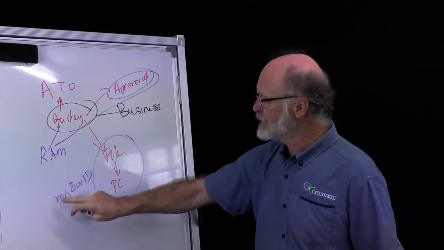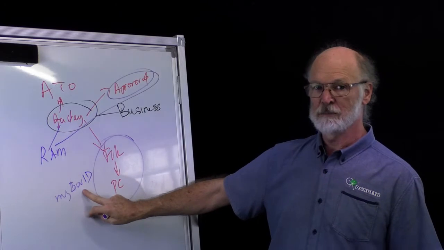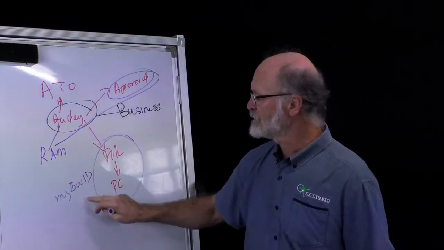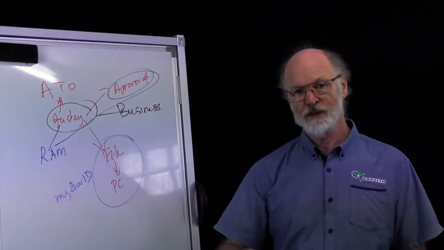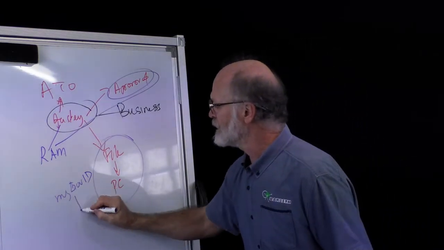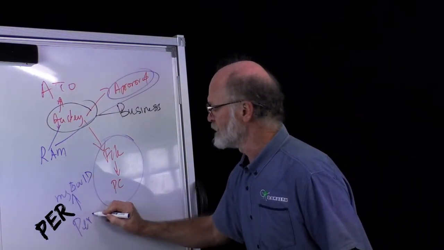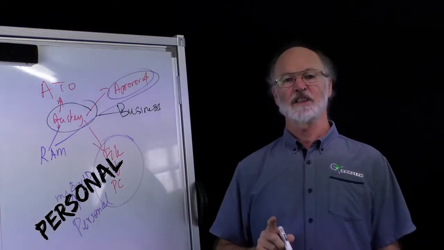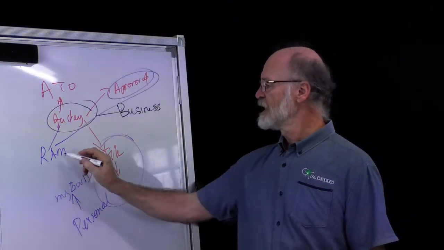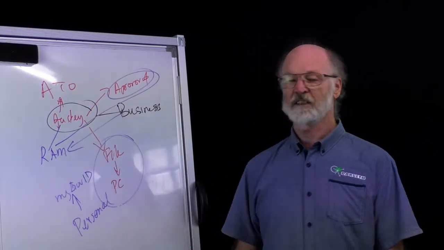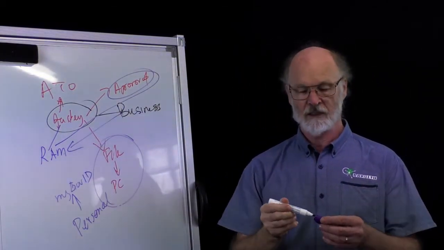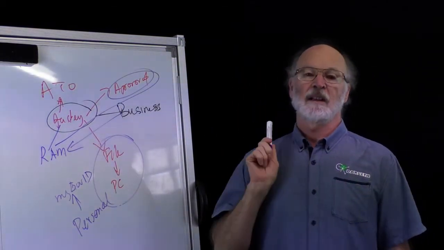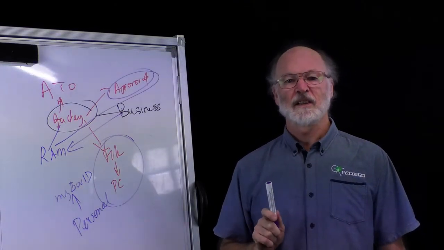But to verify that you are the person that the business has authorised uses myGovID, whether that's you or your staff, and myGovID is personal. It belongs to the person, it does not belong to the business, whereas RAM does belong to the business and is organised by them. Now, this is a critical difference.